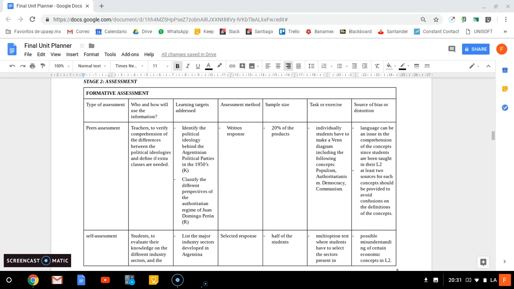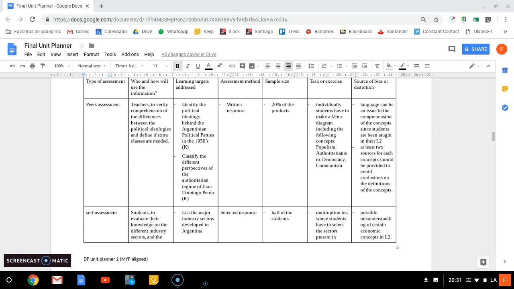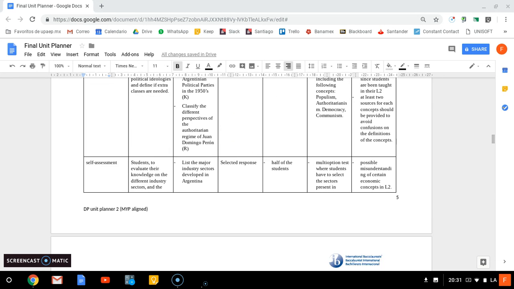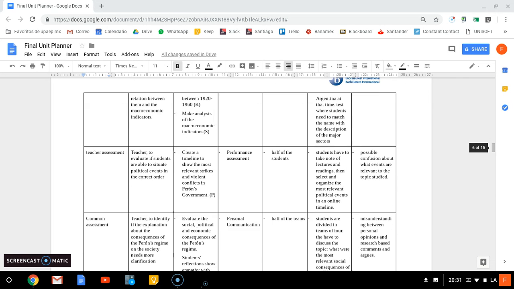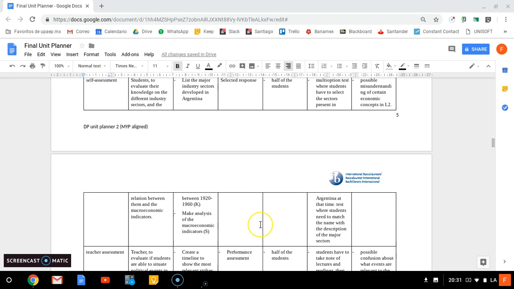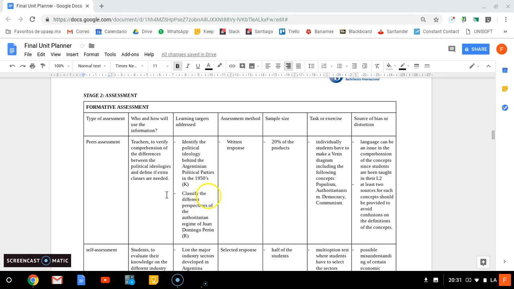If we already consider what is important, and that is the learning target, the assessment should be related directly to them. So there are four different assessment methods that I want to share with you: the written response, the selected response, the performance assessment, and then the personal communication. So this is the cycle.